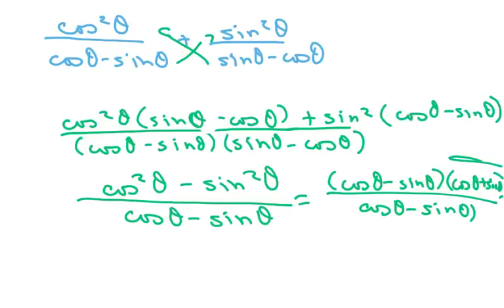I'm sorry this got scrunched up here. So this crosses out, and you're left with sine of theta plus cosine of theta. All right.